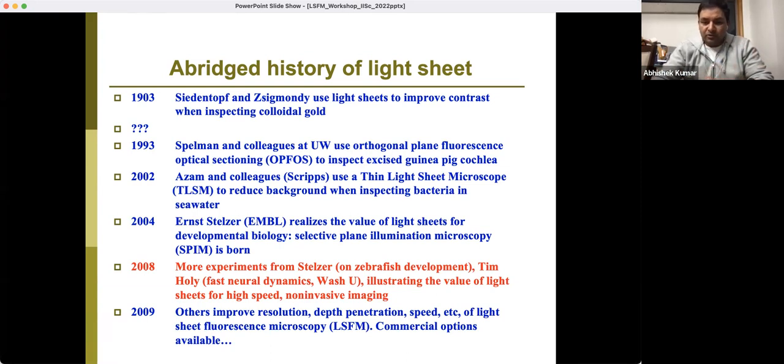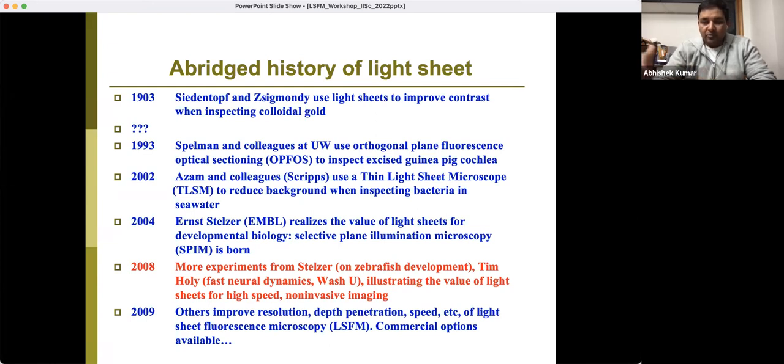We'll talk a little bit about the sCMOS camera later in this talk. Now you can imagine there are 50 different variants of home-built systems and almost 20 commercial systems available. So that tells you that in five to eight years, this field has really exploded.